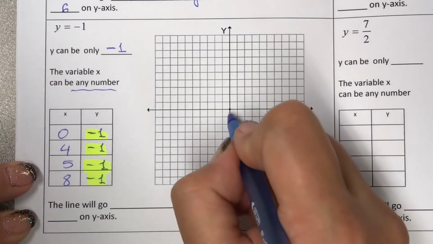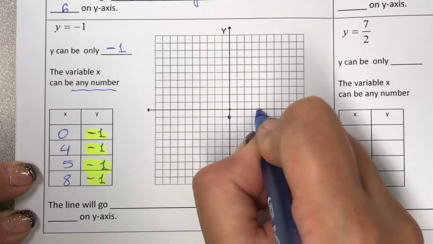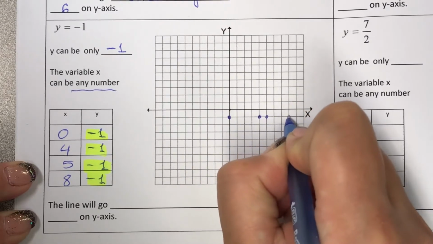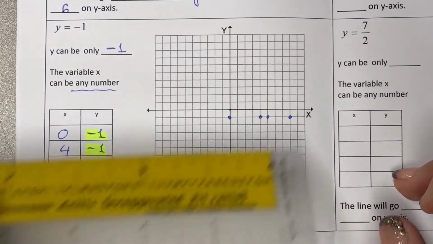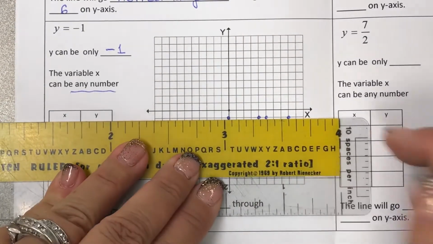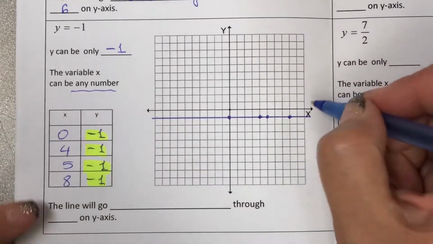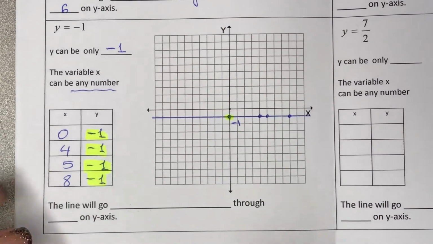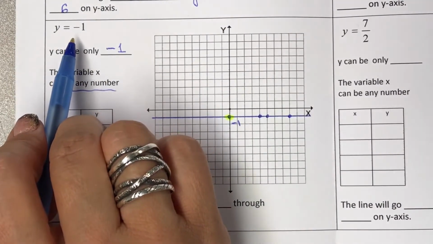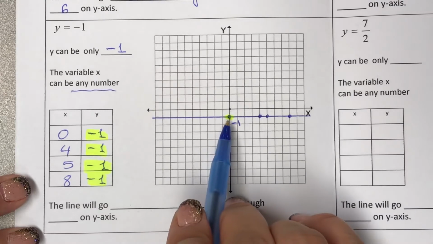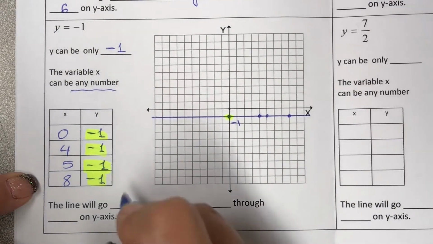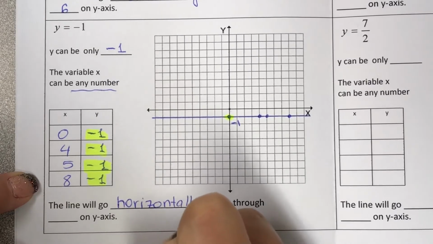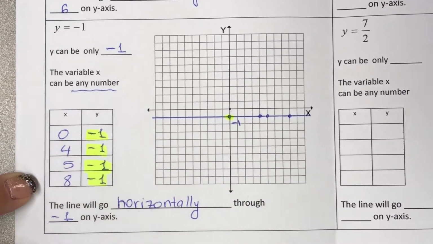And plot the points. 0, -1, 4, -1, 5, -1, 8, -1 will be a horizontal line going through -1 on the y-axis. Y equals -1, line going horizontally through -1 on the y-axis.